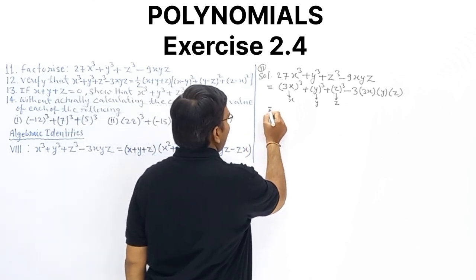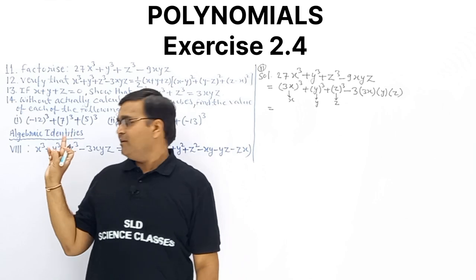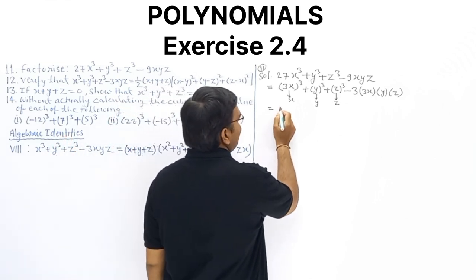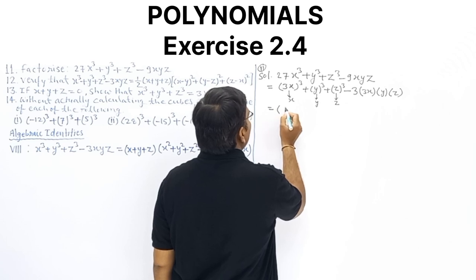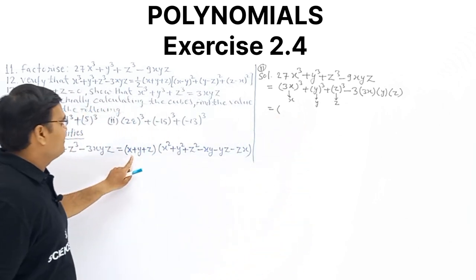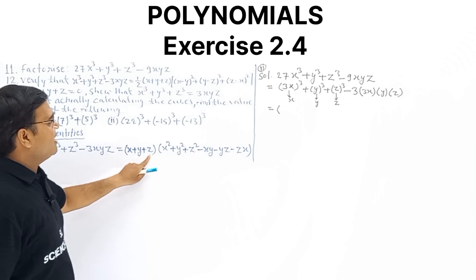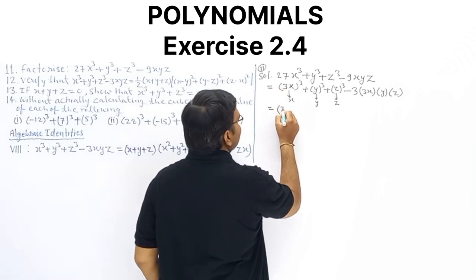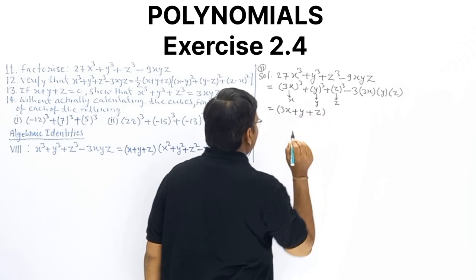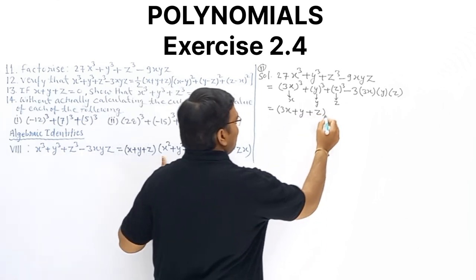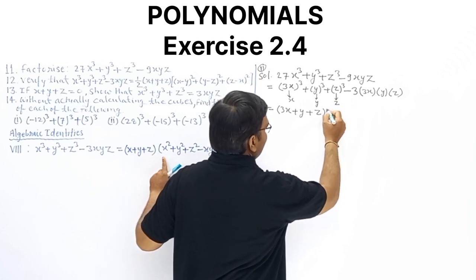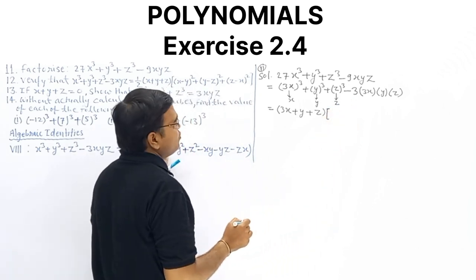Now its factor. What is its factor? Using identity 8th, its factor will be x plus y plus z. We are using x plus y plus z, so x is 3x: 3x plus y plus z. Clear? And another bracket, I am using a square bracket: x square, what is x?